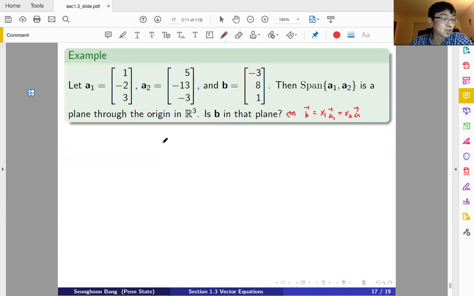You can change this one to the next one. So x1 times vector a1, which is 1, negative 2, 3, plus x2 times vector a2, which is 5, negative 13, negative 3, equals vector b, negative 3, 8, 1. You can change it to the Ax equals b form.